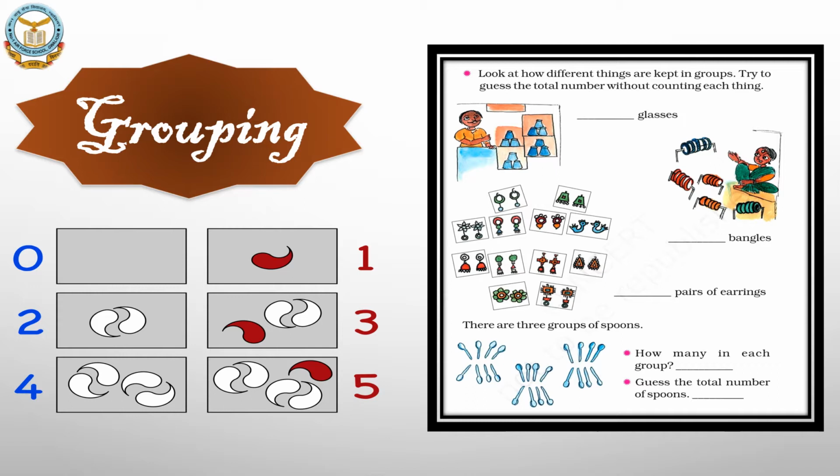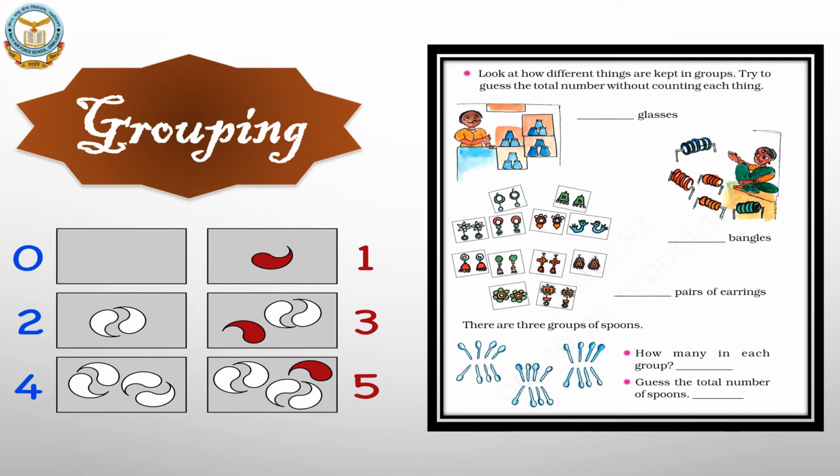Here 2 is written. It means that we are having two objects and we can arrange them in a group of 2. Then in the fourth box, number 3 is written. It means we are having 3 objects in a group. Then we will move to the fifth box. Here 4 objects are grouped in a single frame.